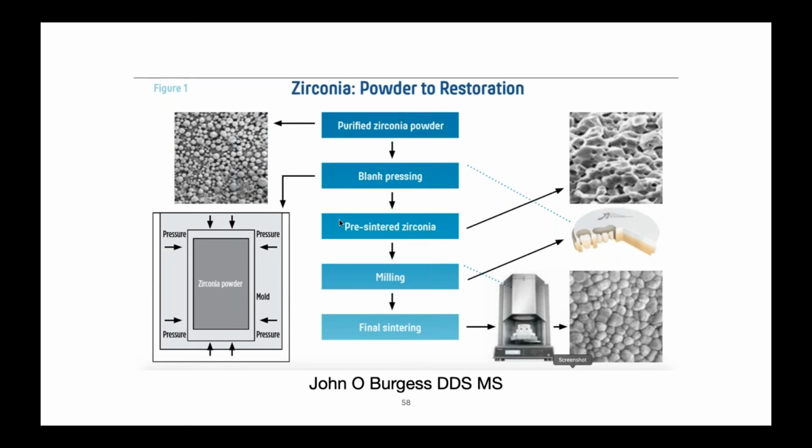So you press your blanks, you pre-sinter the zirconia, you mill it out, and then you do your final sintering in your sintering oven. I had a lab that I lent a beautiful VITA sintering oven to, mine, and the guy said that it was making little white spots in the zirconia, that there was something wrong with the oven.